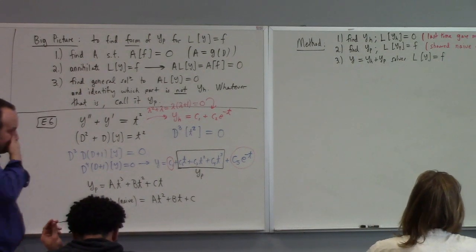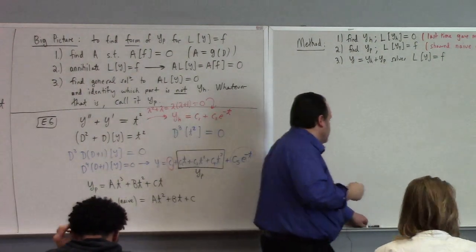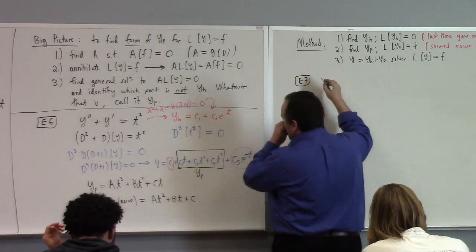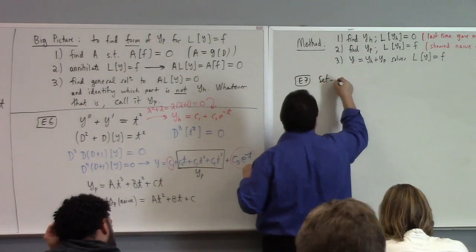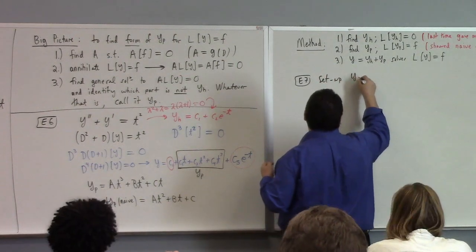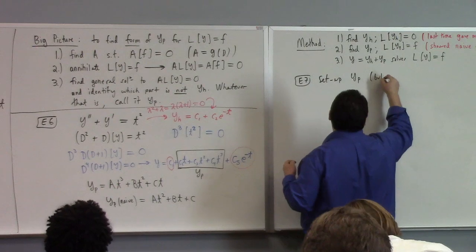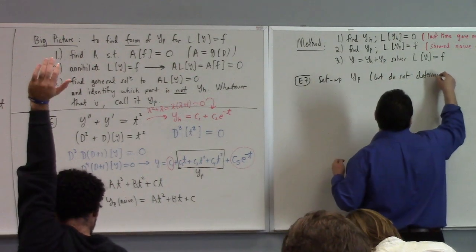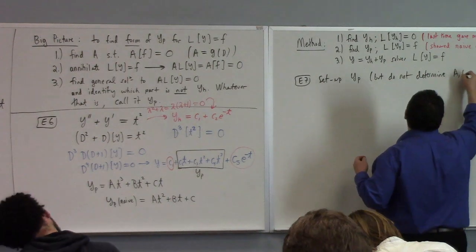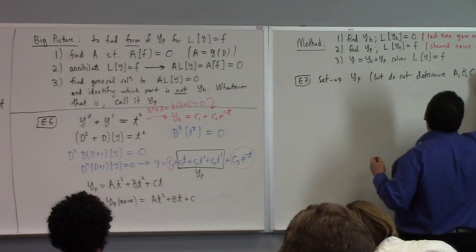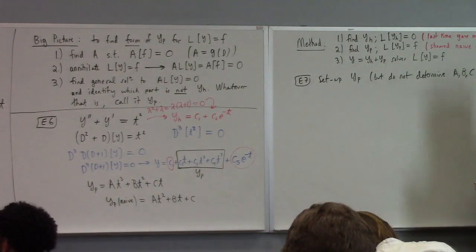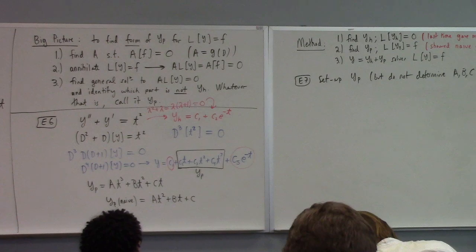Here's another example. Example 7. Set up yp, but do not determine a, b, c, etc. I usually put this in all caps when I give that instruction in the test.